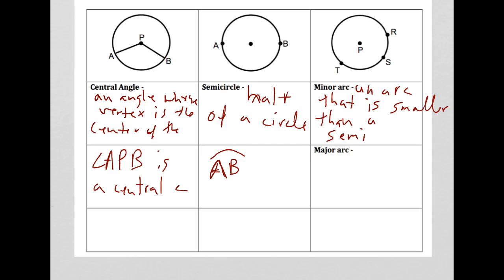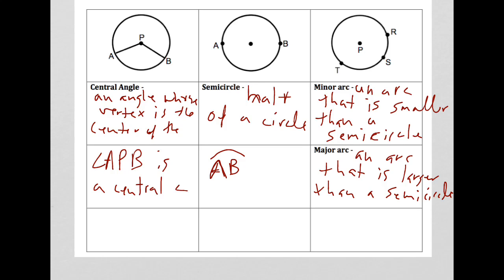So hopefully that makes sense: being minor means smaller or less, so it is less than a semicircle. A major arc, on the opposite, would be an arc that is larger than a semicircle.